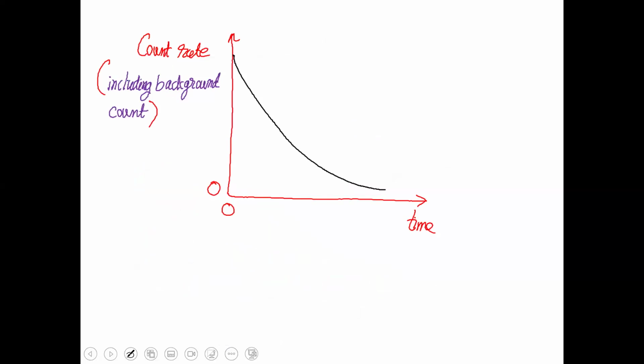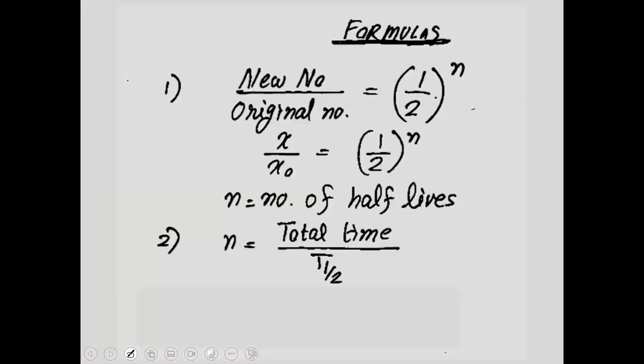Now, count rate is decreasing and the background radiation is there. This is a very common trick which they always play: whenever you are doing calculations, you will see that background count is also there. But background should be subtracted before the final calculation. What are the formulas? New number upon original number is equal to half power n.